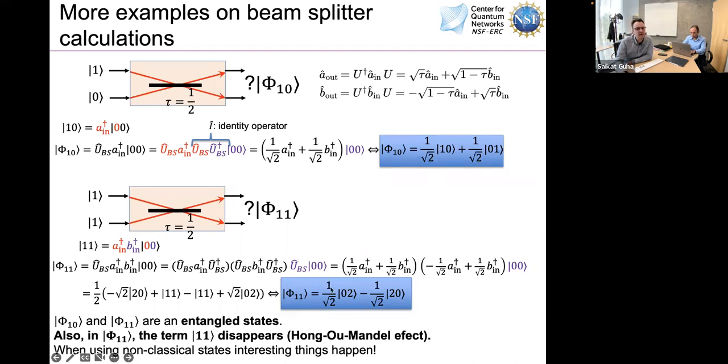And what you get here is, again, of course, another entangled state at the output. And the remarkable thing on top of that is that the 1-1 contribution cancels out. That is because I used a balanced beam splitter. Okay. This is known as the Hong-Ou-Mandel effect, and it happens when your beam splitter transmissivity is equal to 1/2. Okay.